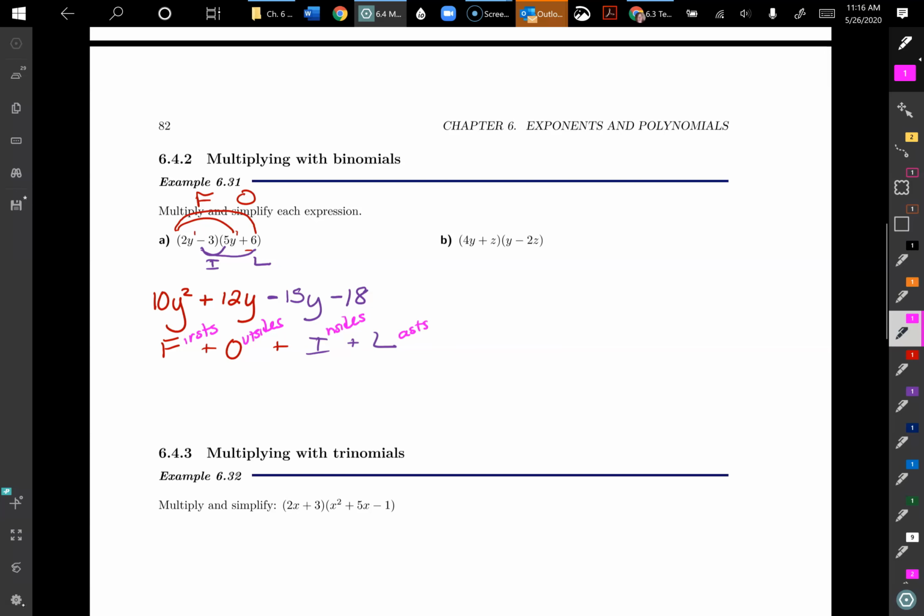So we're not quite done yet though. We need to simplify, if possible, by combining like terms. So on the last step, the 10y squared plus 12y, I'm going to want to make it be 12y minus 15y, and that will give me a minus 3y, which I'm actually just going to write as minus 3y.